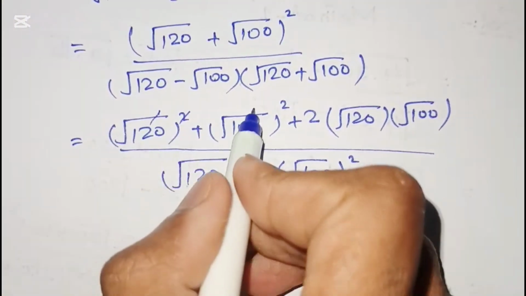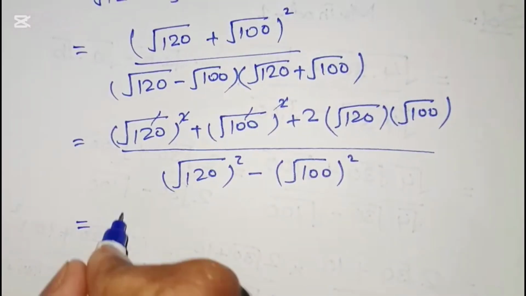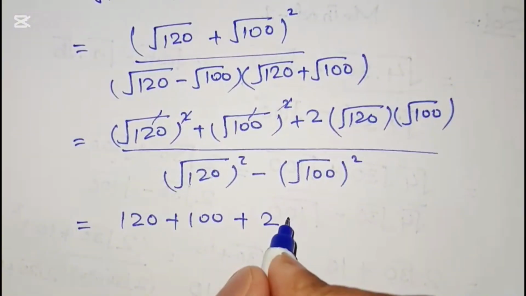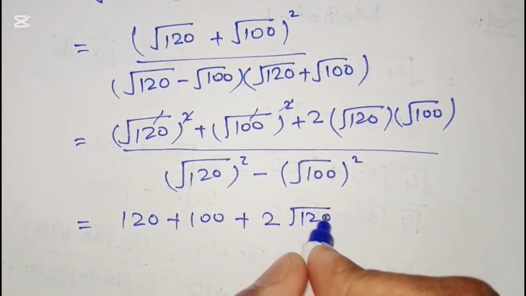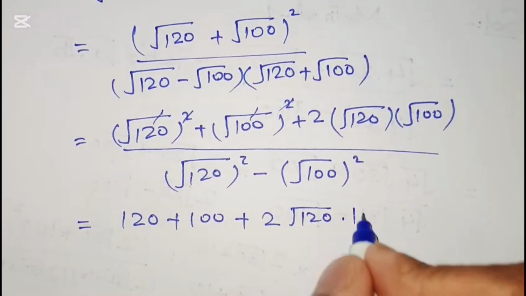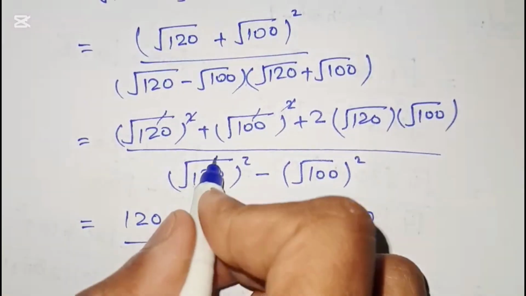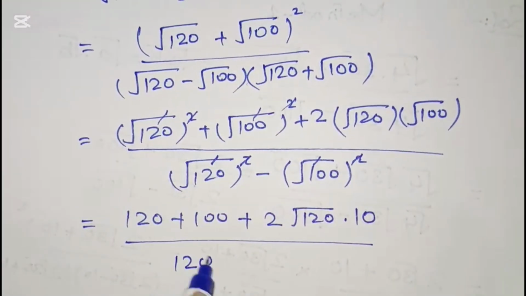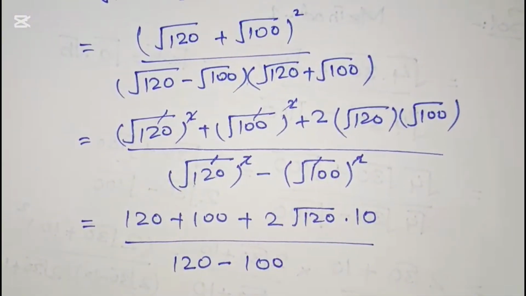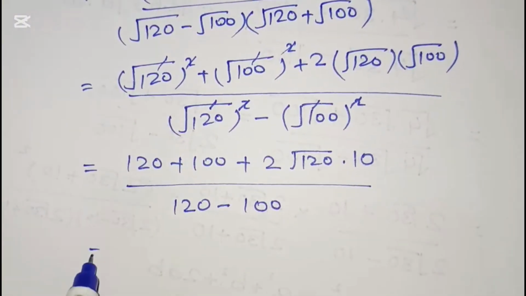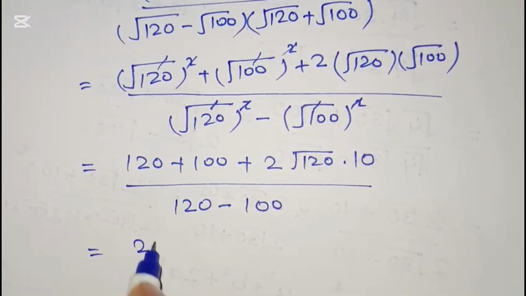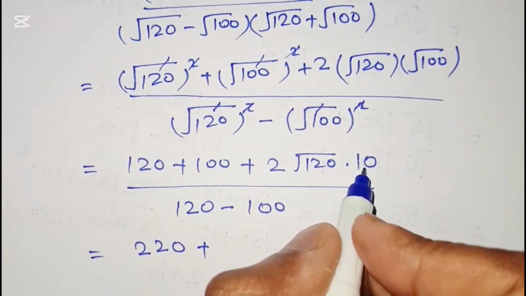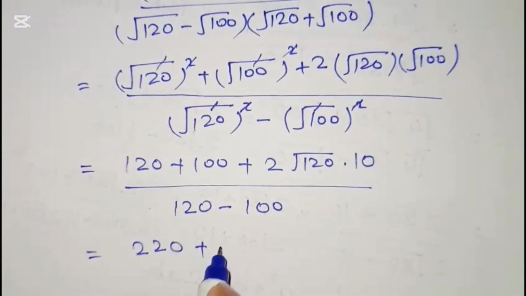The square root cancels with the square. So 120 plus 100 plus 2 times square root of 120 into square root of 100, which is 10, all over 120 minus 100. So 120 plus 100 is 220, plus, and the denominator is 20.